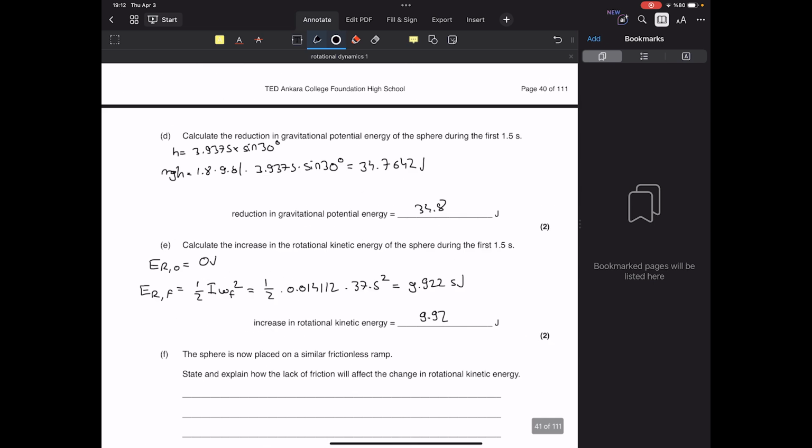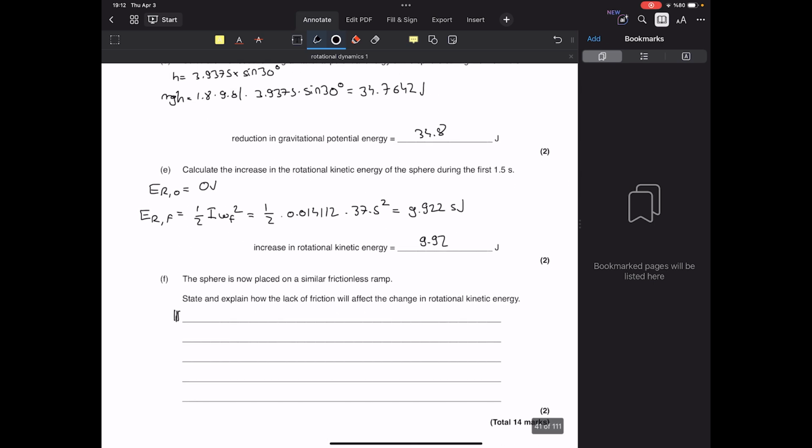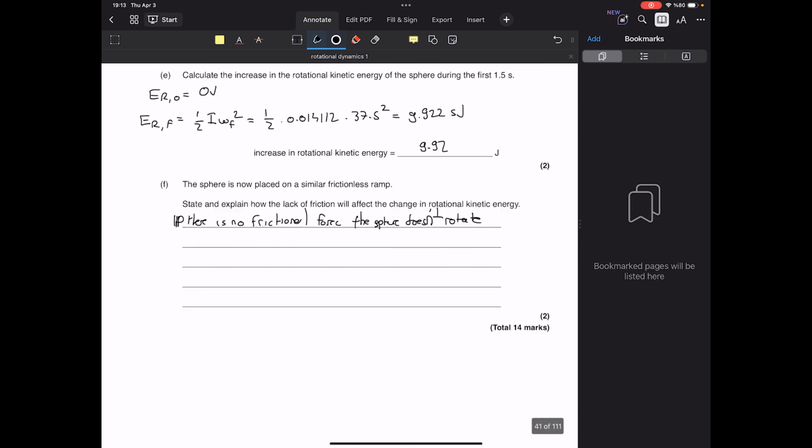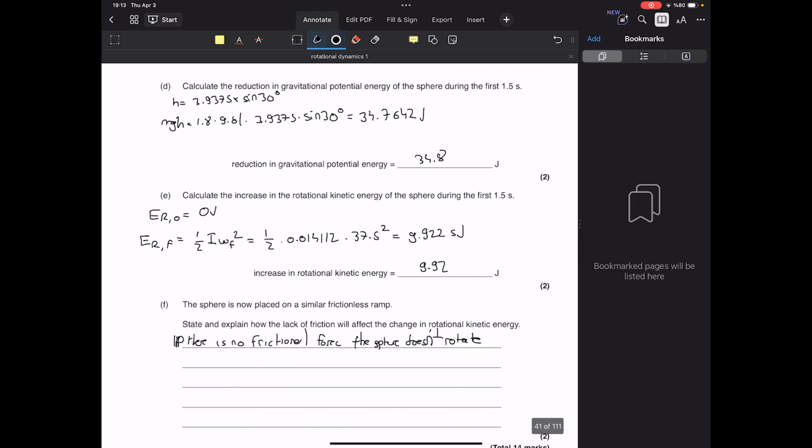So if there is no frictional force, the sphere doesn't rotate. Meaning it doesn't gain any rotational kinetic energy because all the gravitational potential energy that's lost is going to be converted into translational kinetic energy.